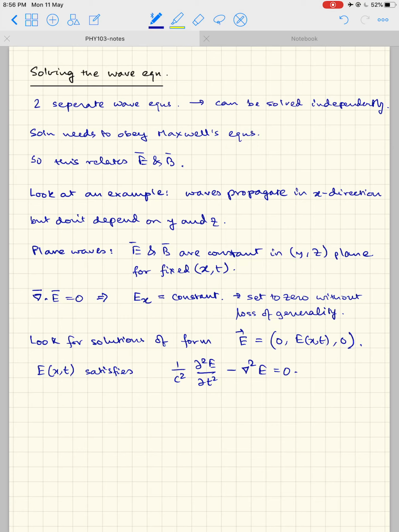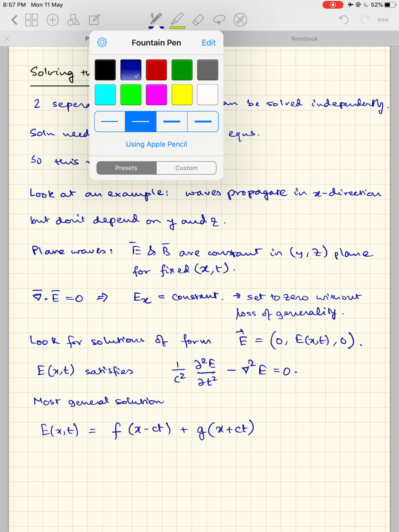Del squared E is just, there's only this spatial derivative in the x direction because the other ones are 0. So the most general solution to this is E(x,t) is f of x minus ct plus g of x plus ct.